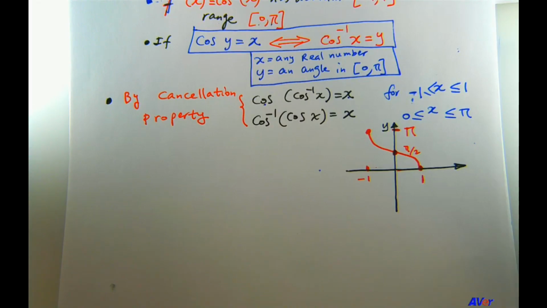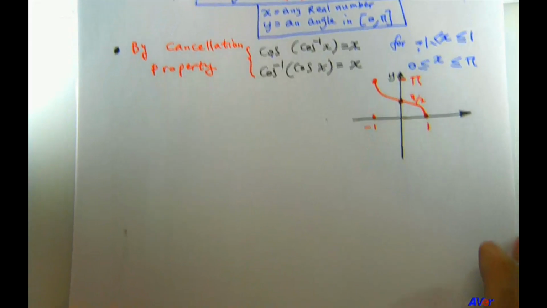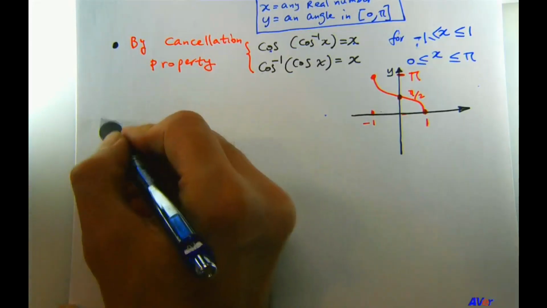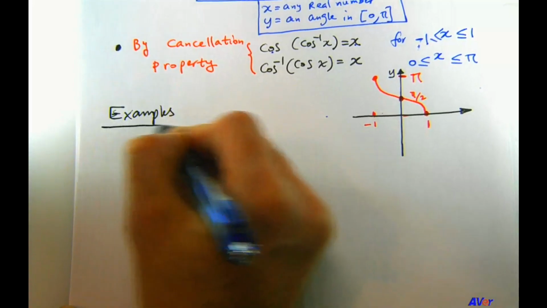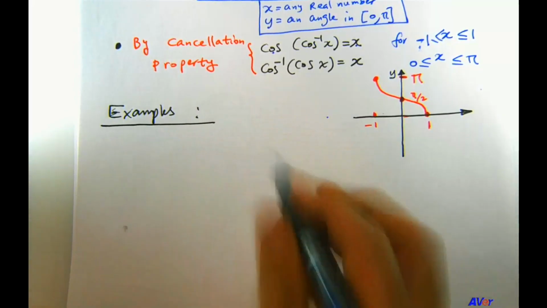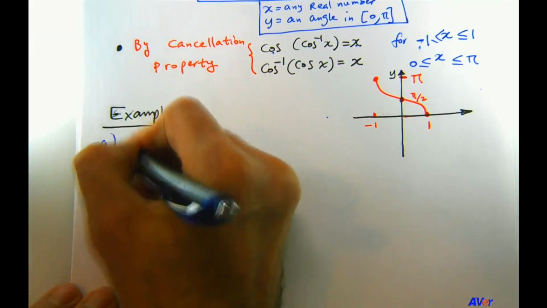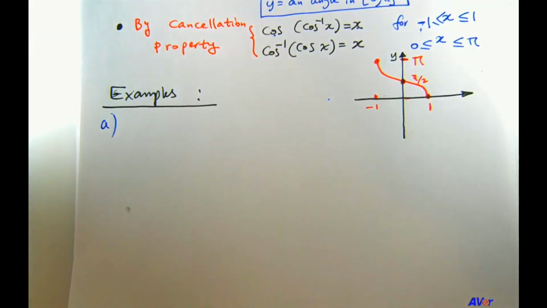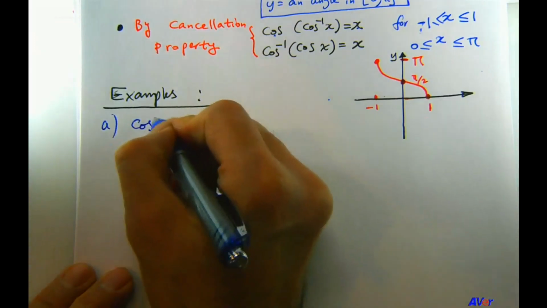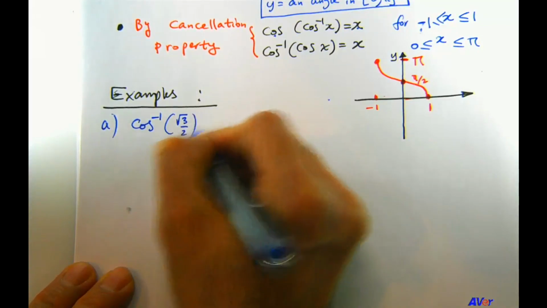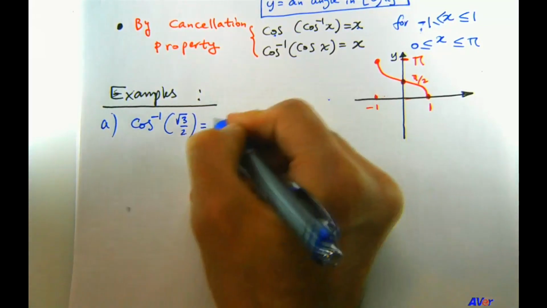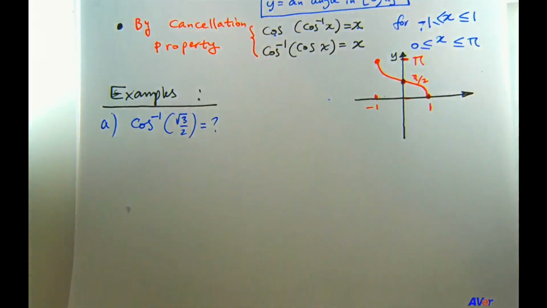Okay. So let's do some examples like previously. We want to know inverse cosine of square root of 3 over 2. So that's the question they're asking us.